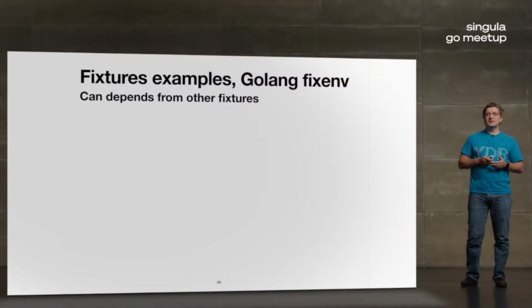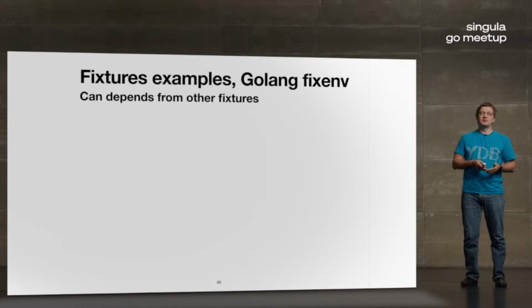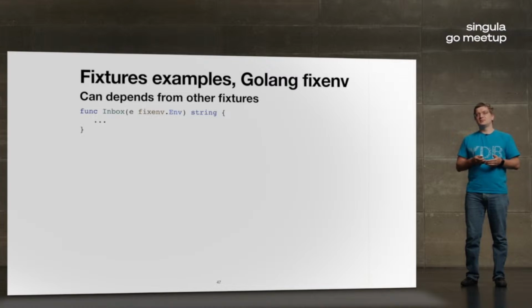Fixtures can depend on one another. For example, if we need some special folder, for example, inbox, in our working folder, and inbox is needed in many tests, we can create another fixture, inbox.